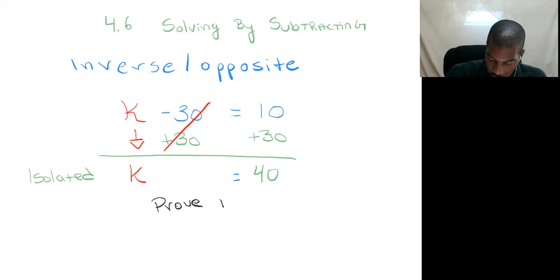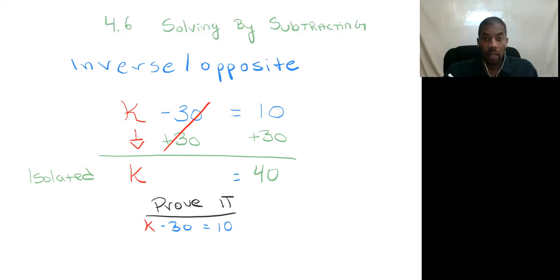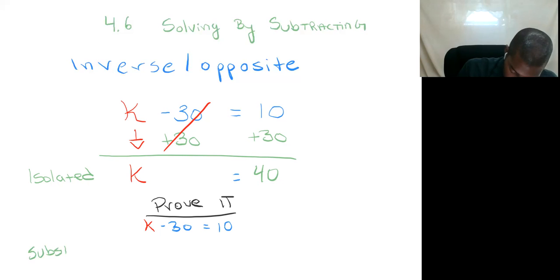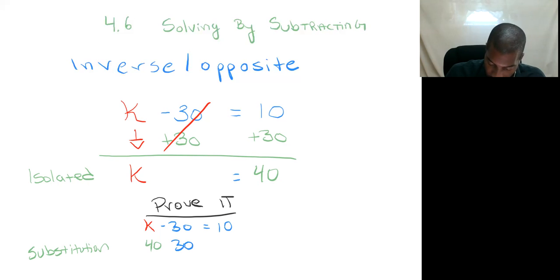And how do we prove it? Very simply. You rewrite the original equation, k minus 30 equals 10. And then you use substitution to replace the k with what we said it was, which is 40. And so we say 40 minus 30. Does that equal 10? And the answer is, well, 40 minus 30 is a difference of 10. So yeah, 10.